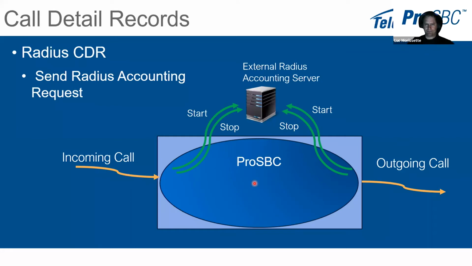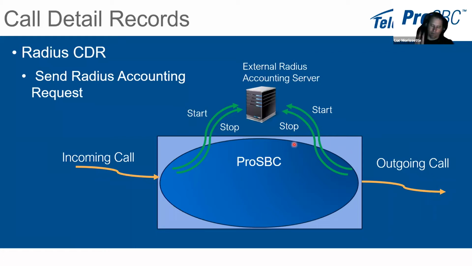When we use RADIUS CDR, we will use an external RADIUS server, and now we call it an accounting server because that is what is used for call detail records. So we will send a RADIUS accounting request to the RADIUS server at the beginning of the call and at the end of the call for the incoming and the outgoing leg.